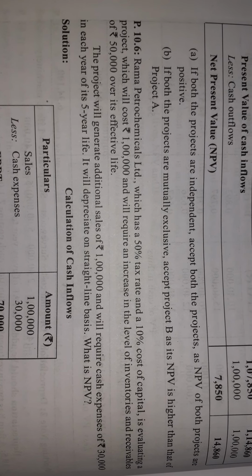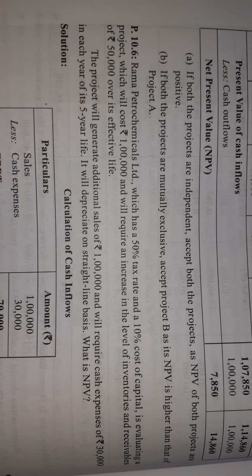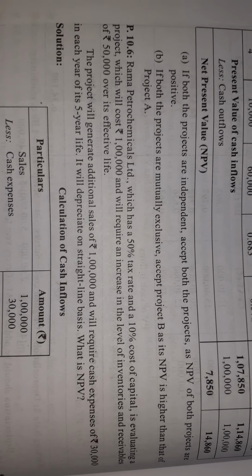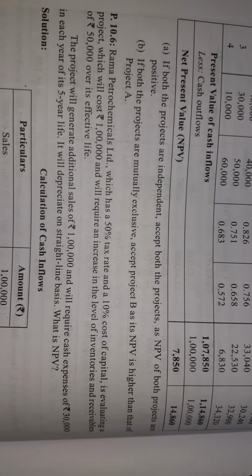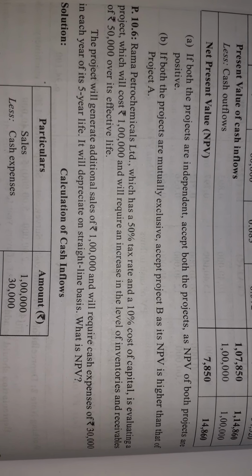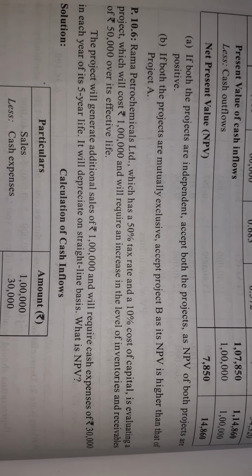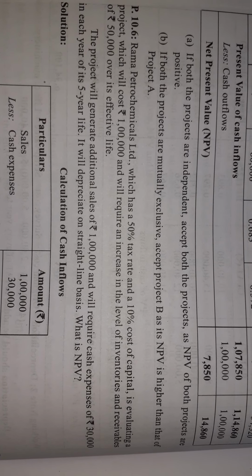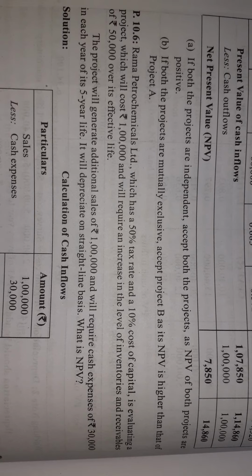Rama Petrochemicals Limited, which has a 50% tax rate and 10% cost of capital, is evaluating a project which will cost 1 lakh and will require an increase in the level of inventories and receivables of 50,000 over its effective life.